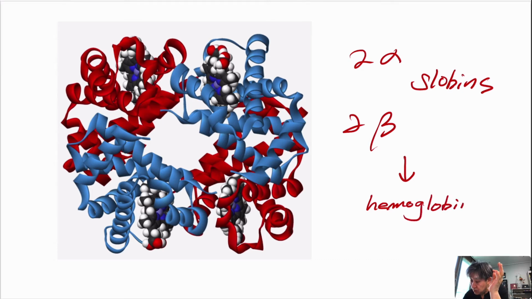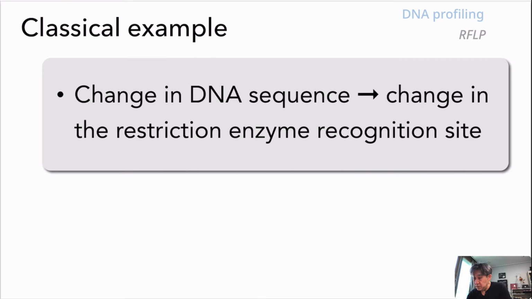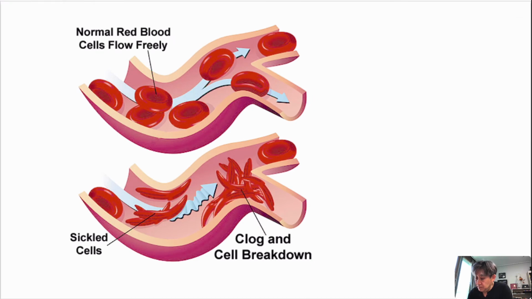Some individuals carry a mutation on the beta globin gene. A very small change, one single DNA nucleotide changed into another. What happens is you have this changed DNA sequence, and you have this particular defect, sickle cell anemia.